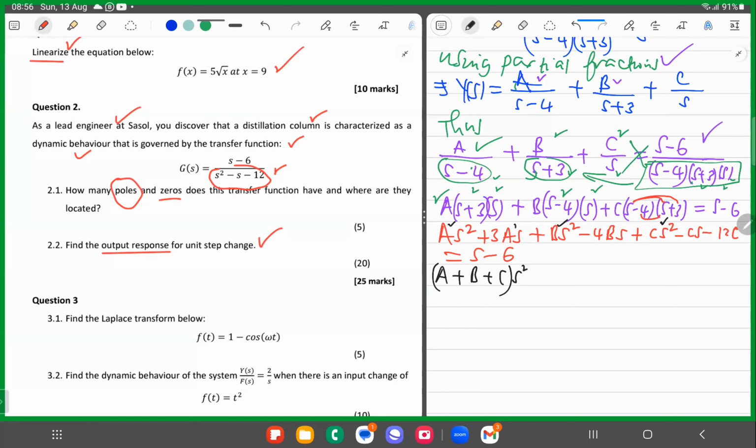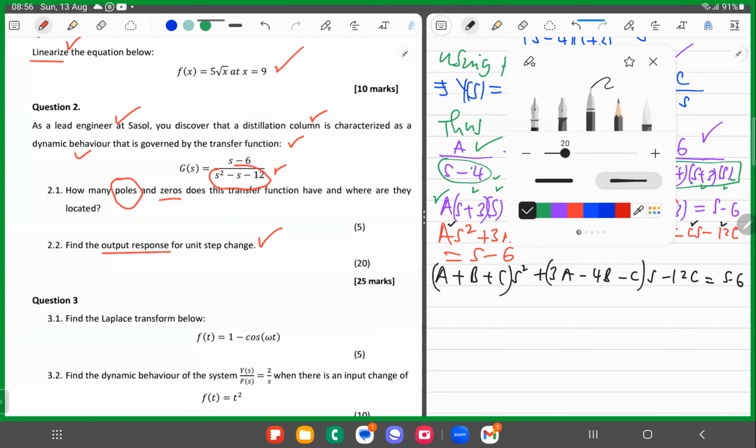And then there are terms called linear terms that have S in them, like this 3A. There are many ways to do this, obviously, but I sometimes prefer this method. You have minus 4B, and then there is CS, which is minus CS, and then you have minus 12C. It appears that there's only one term that has no letter S in it, and then you have S minus 6.